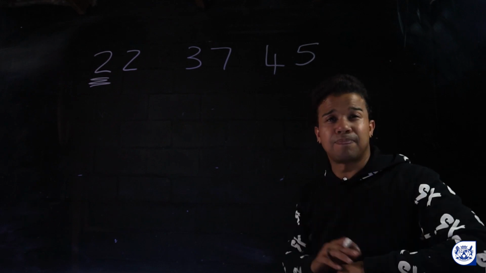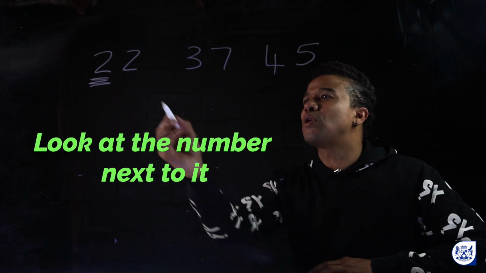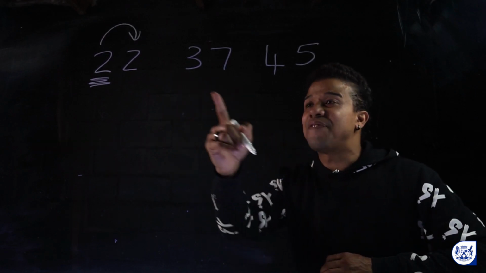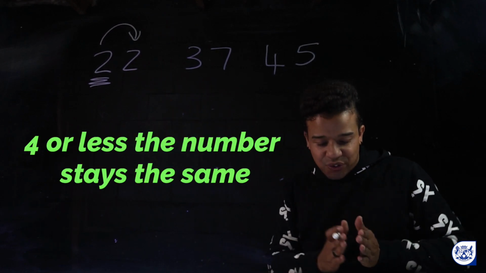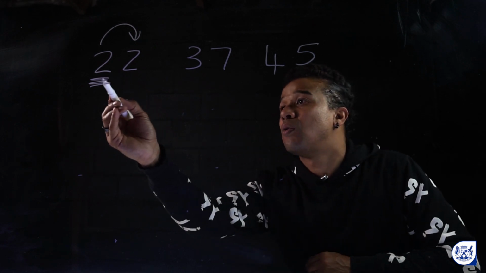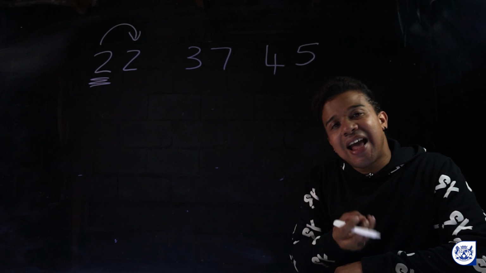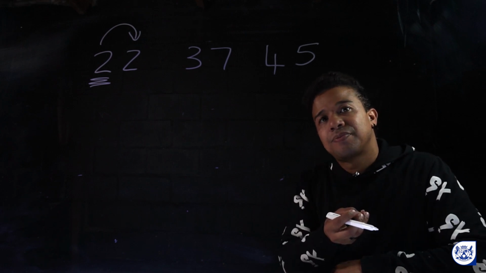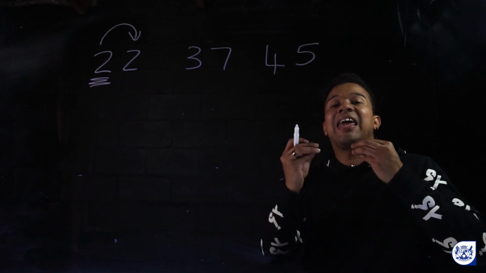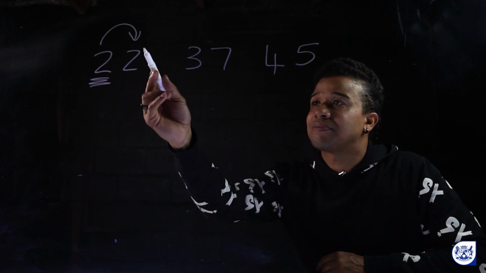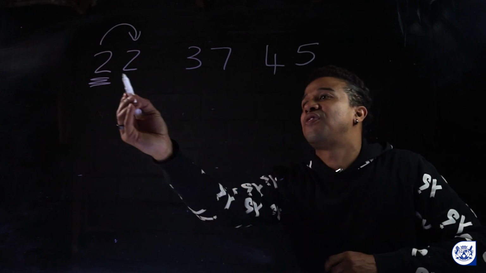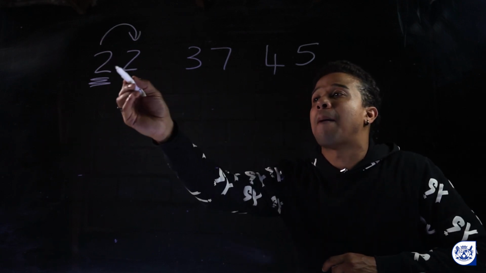That's the first step. The second step is to look at the number next to it. Now, if the number next to it is 4 or less, our number here, which is the 2, will stay the same, and the numbers behind it will become 0. If the number next to it is 5 or more, then this number over here will increase by 1.